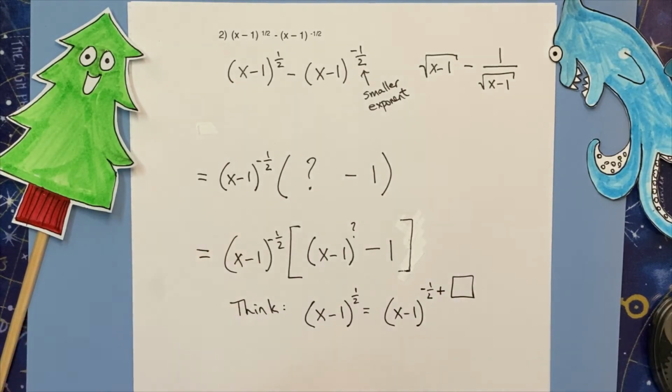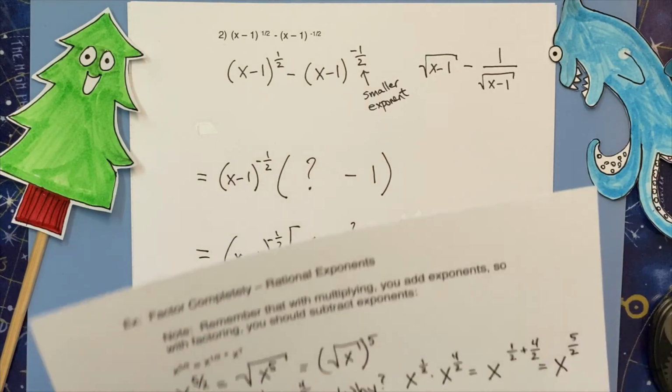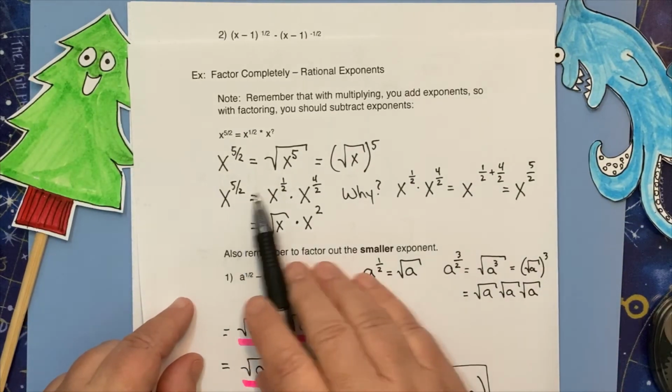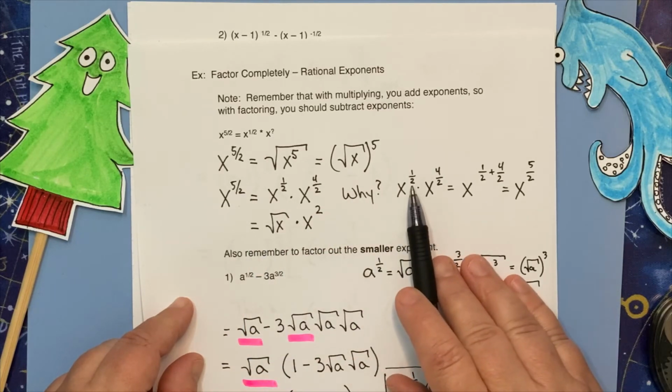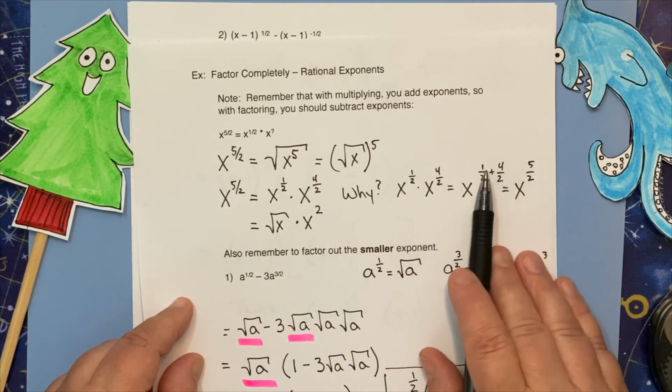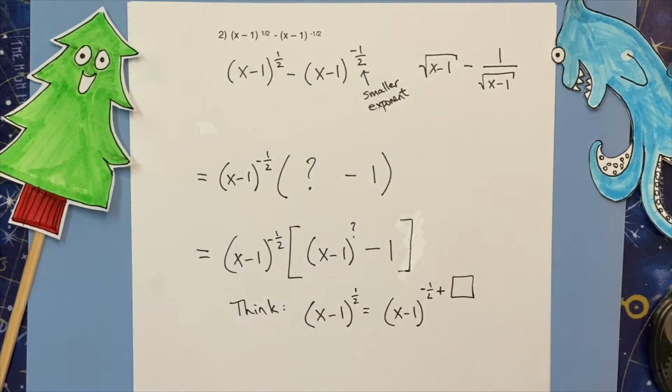Right? So if I'm going to break the exponent up, I break it up by adding, right? Just like when I had x to the 5 halves, we thought 1/2 plus what? 1/2 plus 4 halves gives me 5 halves.